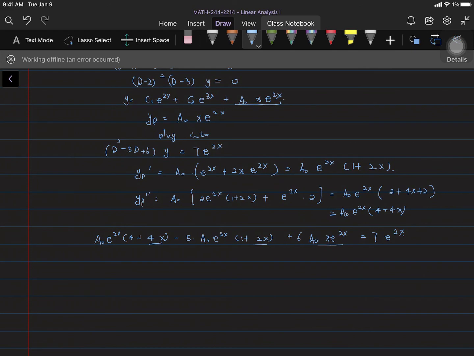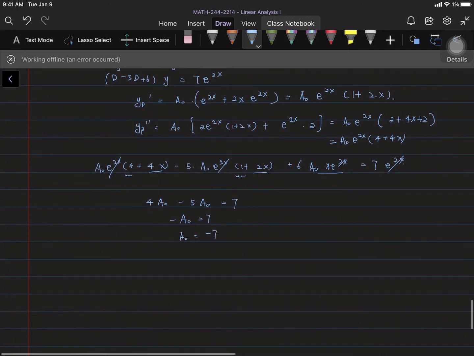Okay, 0. So only the constant term matters. And I cancel all the e to the 2x on both sides. So that means 4 a naught minus 5 a naught equals 7. So negative a naught equals 7, a naught equals negative 7.